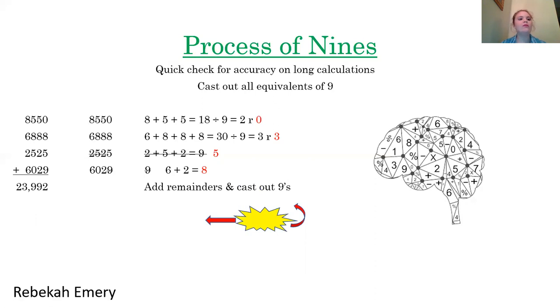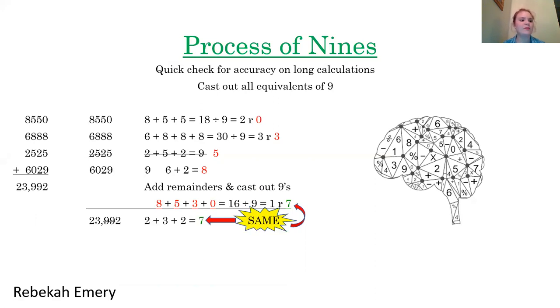Now we add all of our remainders together, casting out all the 9s again. 8 plus 5 plus 3 plus 0 equals 16. Divide that by 9, and our remainder is 7. Our final indication answer for our problem is 7.